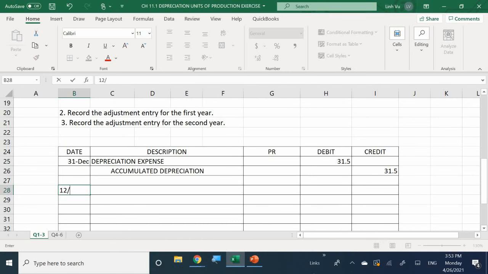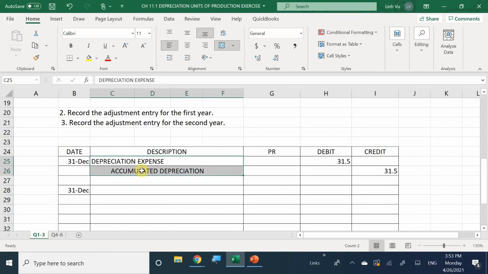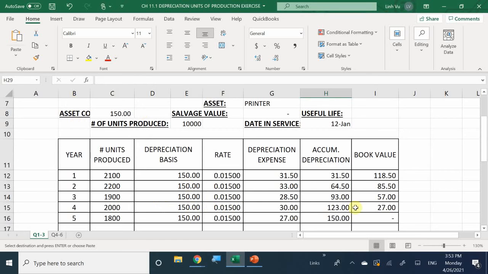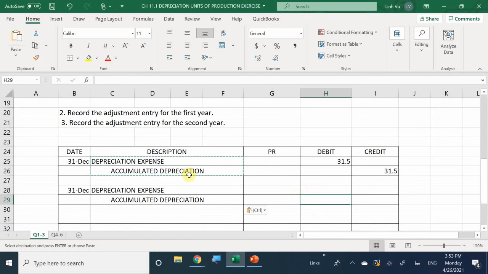Once again, assuming that the depreciation is done at the end of the year. $33. Good. The journal's going to look identical. You're going to have your depreciation expense and your accumulated depreciation, but this time we're dealing with the second year, which we did for $33. So the answer is going to be $33.